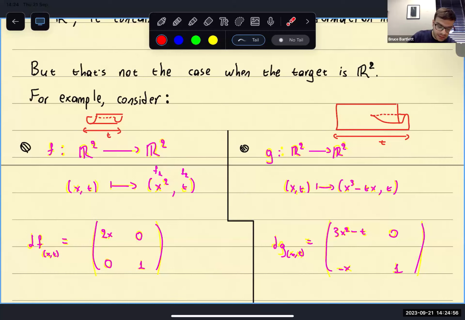Yeah, one thing that I should have done is identify in those pictures what the loci of the critical points are. So here, this is the locus of the critical points in this graph.